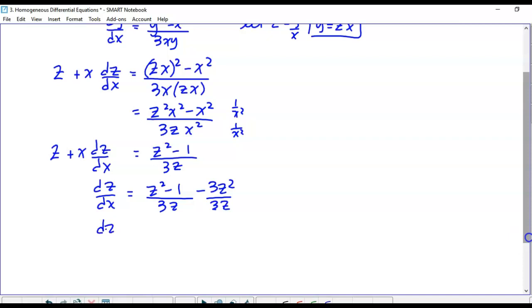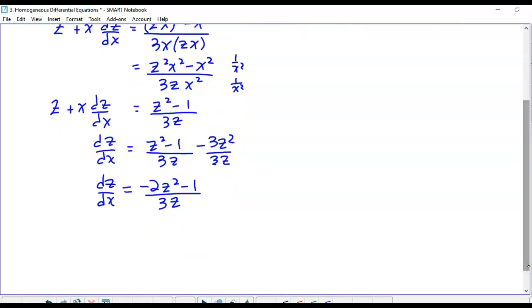All right, so dz/dx equals negative (2z squared plus 1) over 3z. Now we can separate them. So that's going to be 3z over 2z squared plus 1.